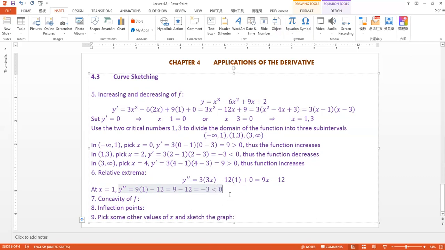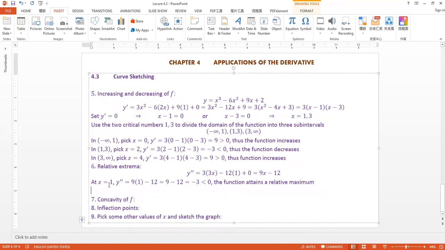So we know at a critical number when the second derivative is negative, the function is a relative maximum. Okay. So next, we do the same thing, x equal to 3.